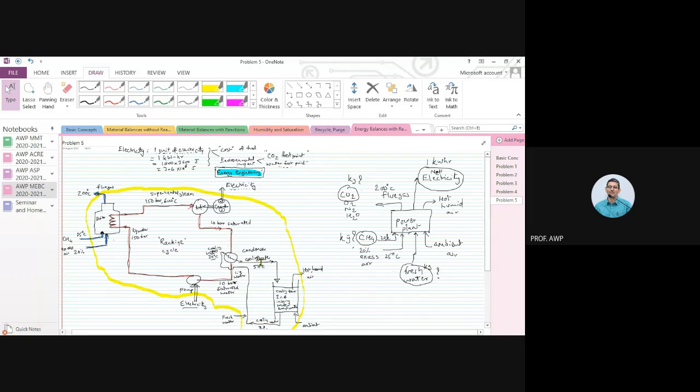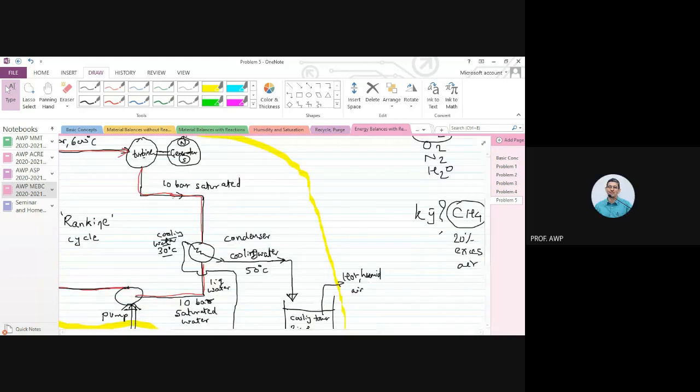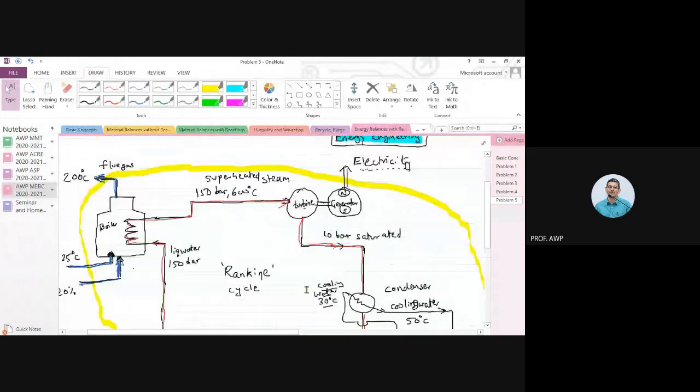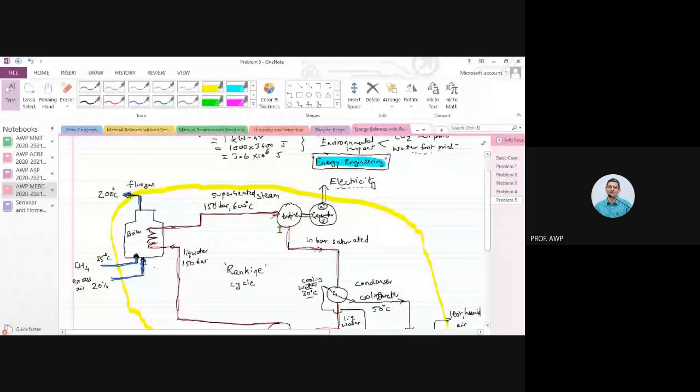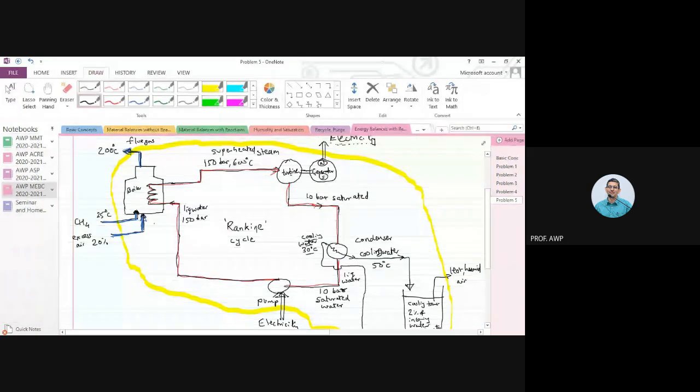Now that we are using steam for these different purposes, I will use steam tables and we will get the enthalpy values of superheated steam at 150 bar and 600 degrees centigrade, and 10 bar saturated steam.